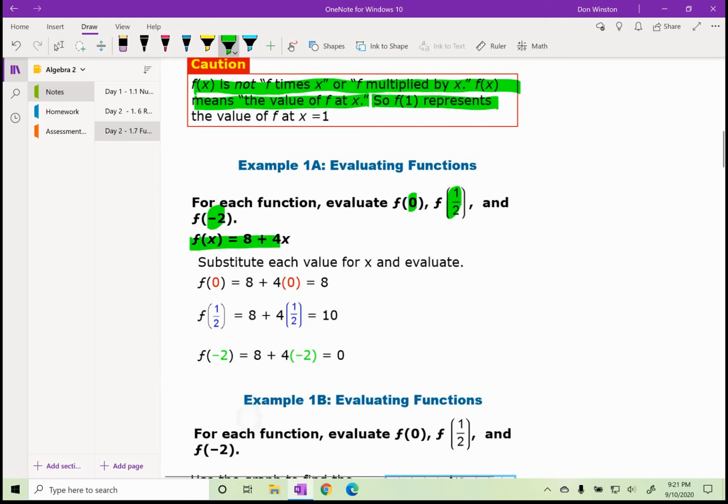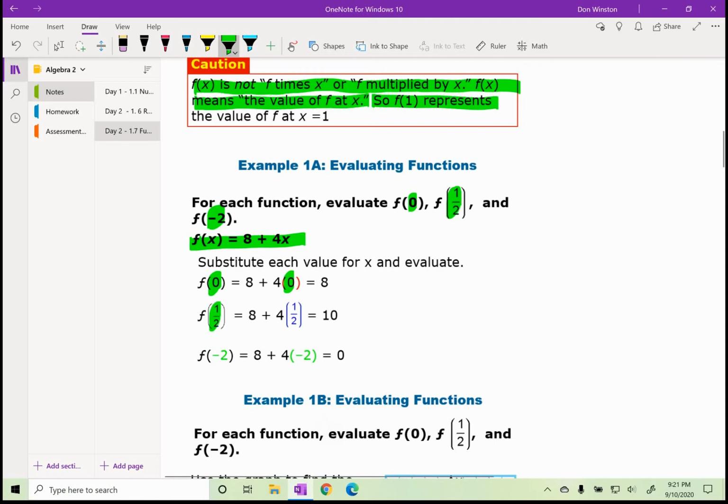Well, my function, or my rule says here, we take the input value, x, we multiply it by 4, and then we add 8. So all we do is we substitute in x. When x is equal to 0, I'll just replace x with 0 in the rule. 8 plus 4 times 0 is 8.